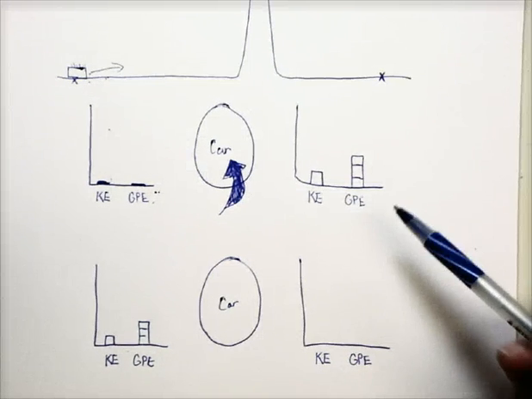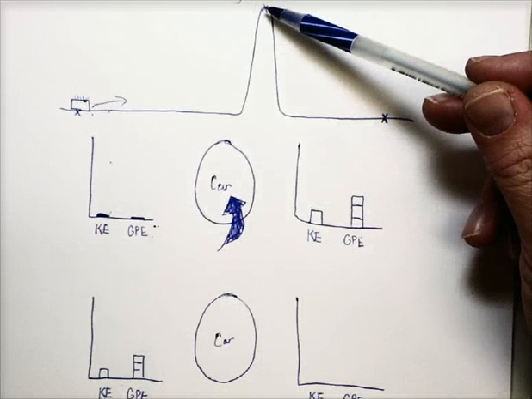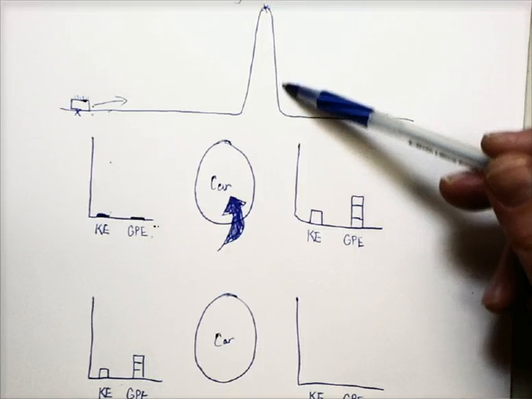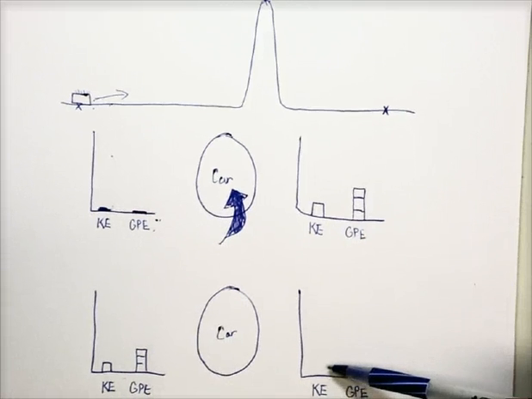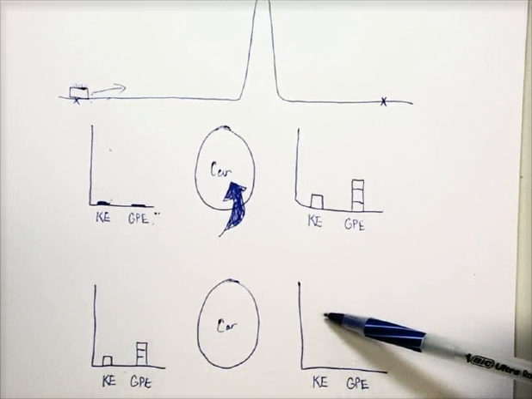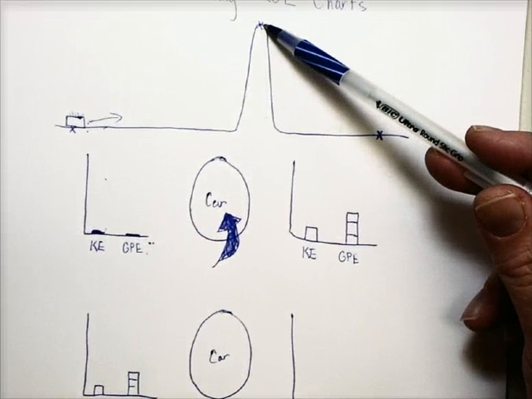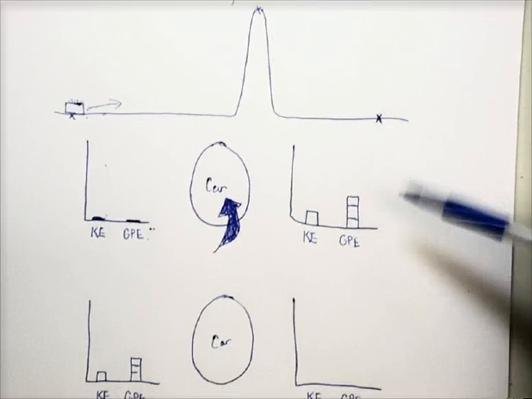So let's look at what happened with each. For the kinetic energy, at the top of the hill we're moving, but not very fast. Then as we fall, we move faster and faster and faster, so our kinetic energy is going to go up. We expect this graph to be taller than the other one. With our gravitational potential energy, up here it was very, very high, and then as we fall, we're down on the ground, so it's back to nothing.